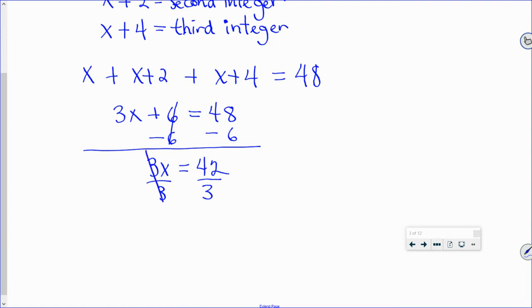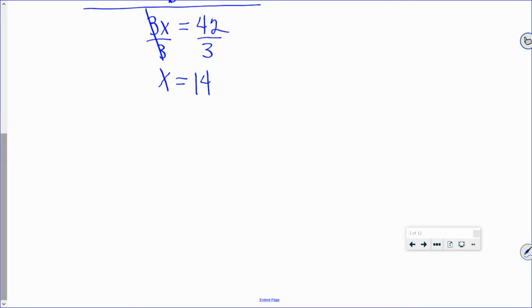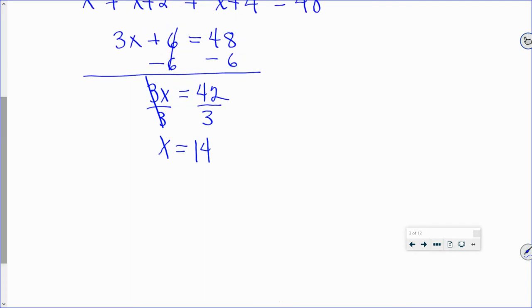Those are multiplicative inverses, so I'm left with x equals 42 divided by 3, which is 14. So if x is 14, x plus 2 would be 14 plus 2, or 16, and x plus 4 would be 18.